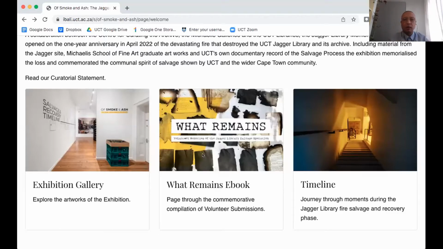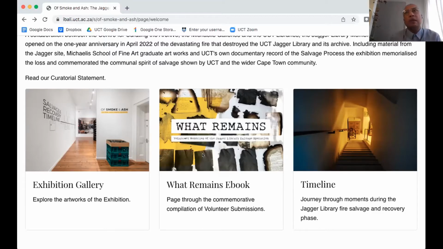And we issued a call via the University of Cape Town Library's volunteer database. So everyone who signed up for participating in the volunteer process, their information was kept on a special database. And it was through our partnership with UCT Libraries that we were able to appeal to volunteers for reflections that resonated with them about the salvage.